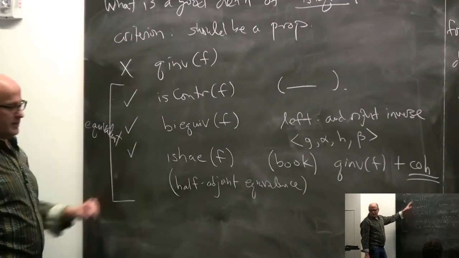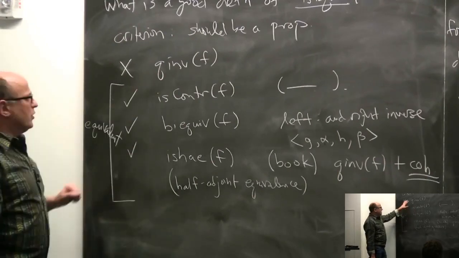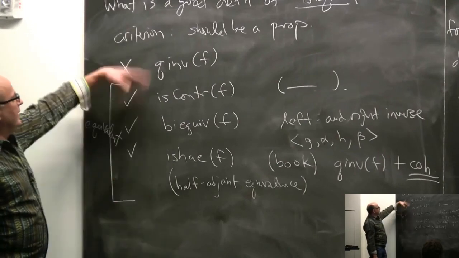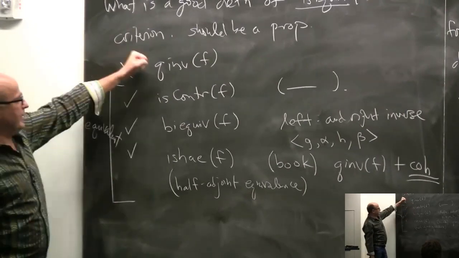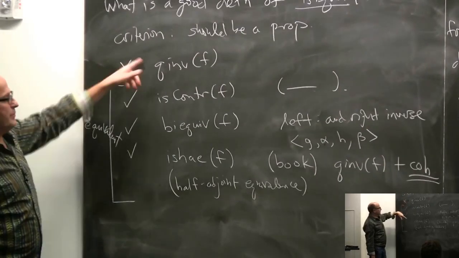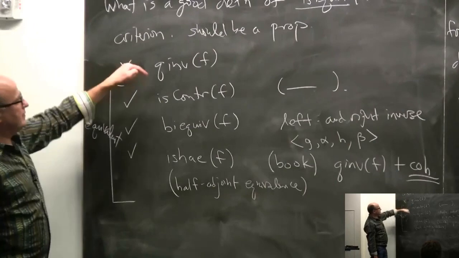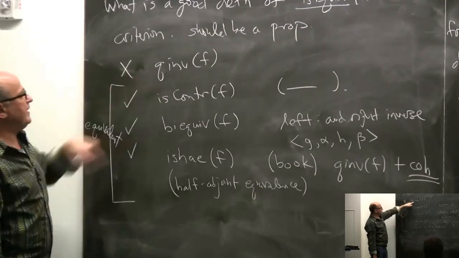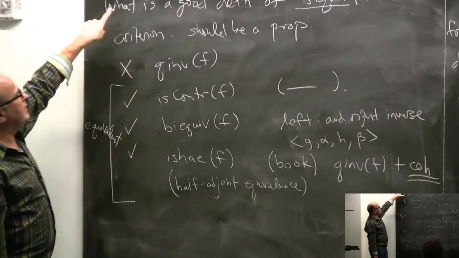You can read that. It's in chapter 4, I think, of the HoTT book, and so you can see why these things are all equivalent. And I gave you the outline of the argument as to why this is a good definition, even though this one can be a handy way to show it, because it logically implies any of these. And because you can take this and build a bi-equivalence out of it, that's the idea.